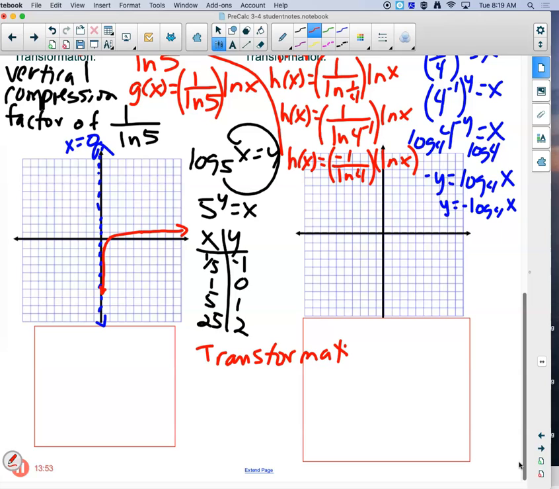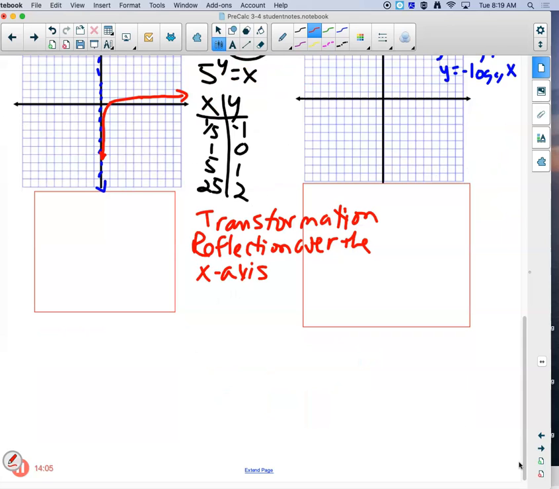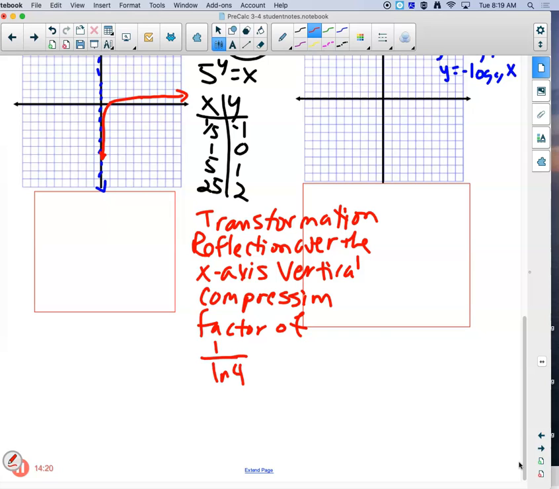Transformation is a reflection over the x-axis and, pardon me, vertical compression factor of 1 over the natural log of 4.